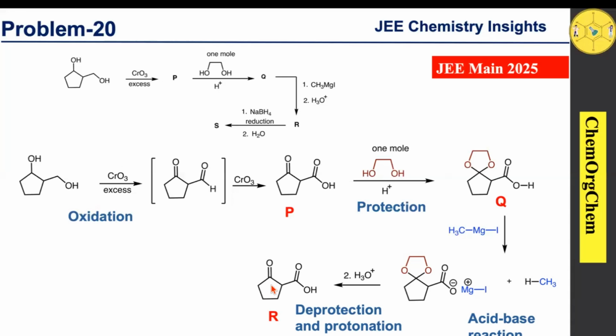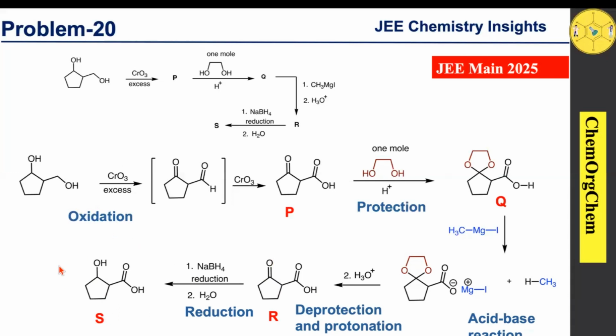In general, carboxylic acids are not reduced by sodium borohydride. So when we use sodium borohydride, it selectively reduces this ketone into the corresponding secondary alcohol. So here a reduction reaction takes place. So this is our final product.